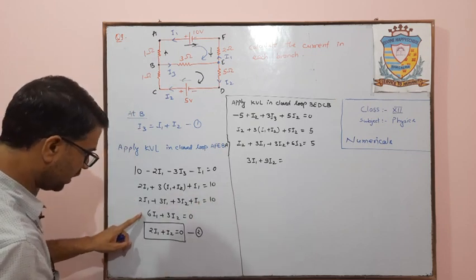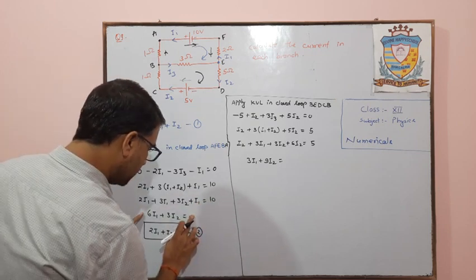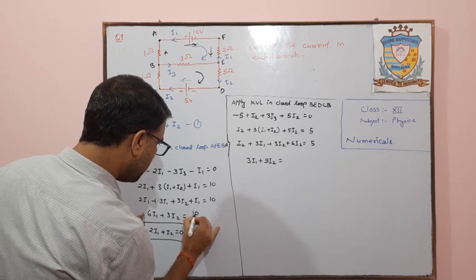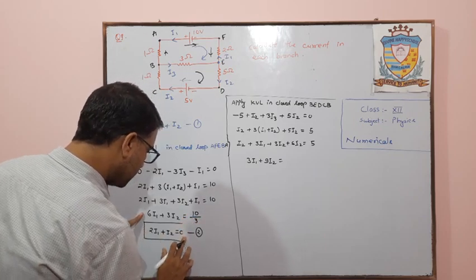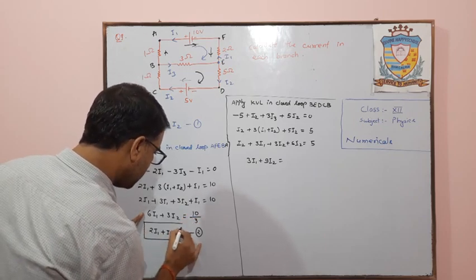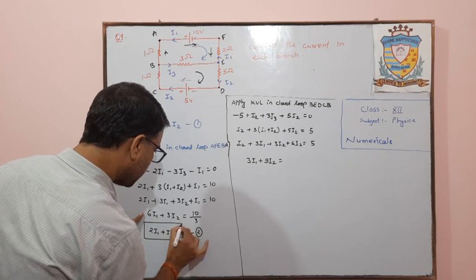And we took 3 as common, so here it becomes 10 by 3.